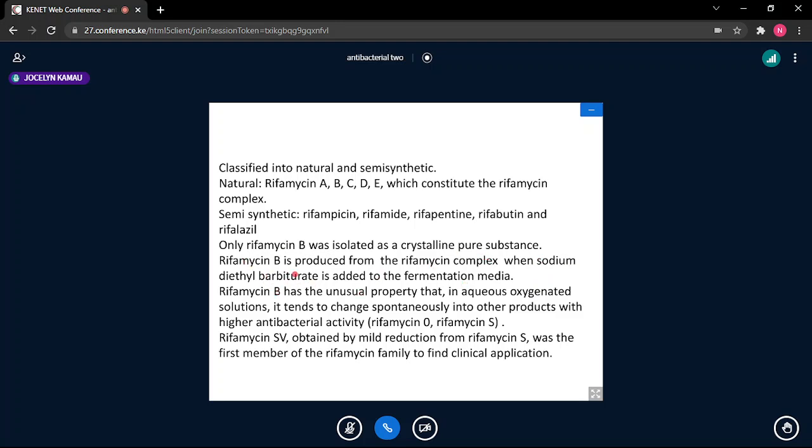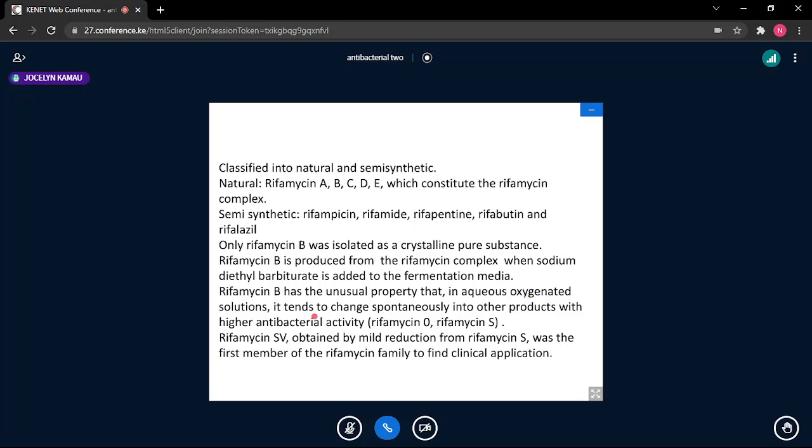When the sodium diethyl barbiturate was added to the fermentation media, rifamycin B was isolated as a crystalline pure substance.